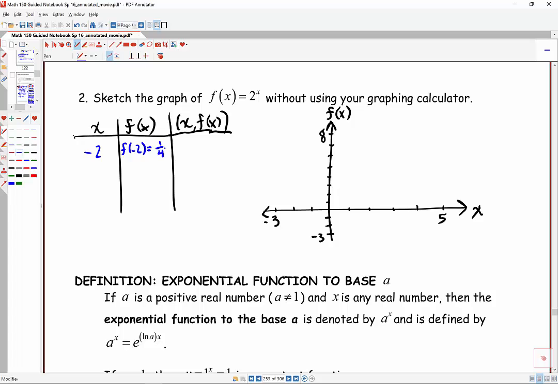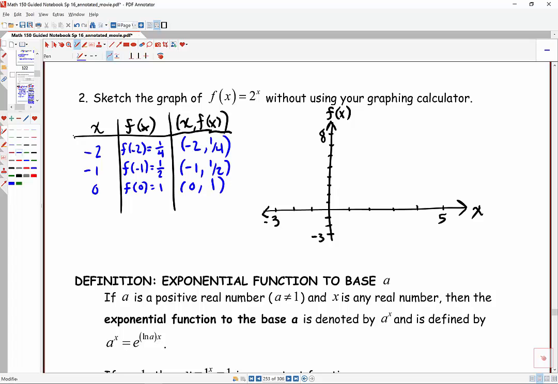So our ordered pair will be (-2, 1/4). And then -1, F at -1 is, good, 1/2. So we'll have the ordered pair (-1, 1/2). And then 0, F at 0 is 1. So we'll have an ordered pair (0, 1).